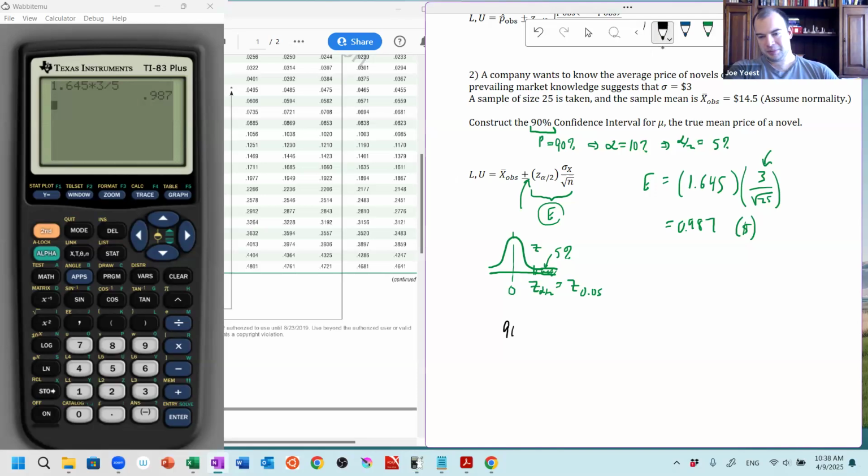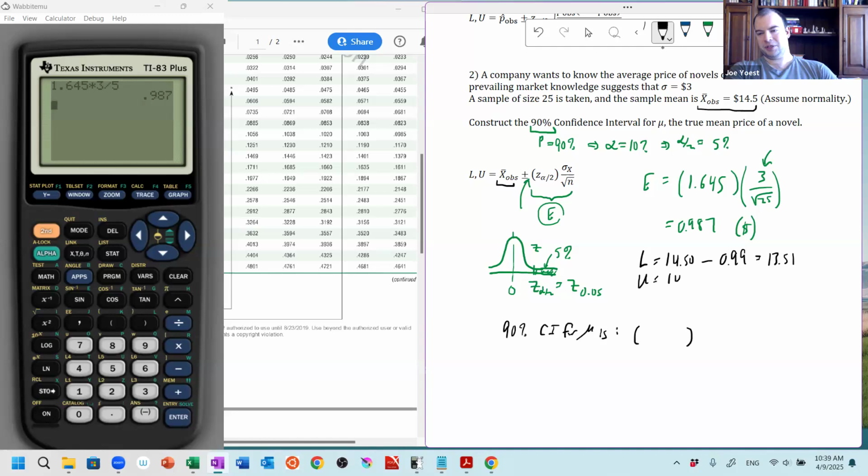And then I can say my 90% confidence interval for mu is, well, I need a lower bound and an upper bound. My lower bound is X bar observed. That was $14.50 minus, let's call it just 0.99, or that's 13.50 plus 1 cent, 13.51.